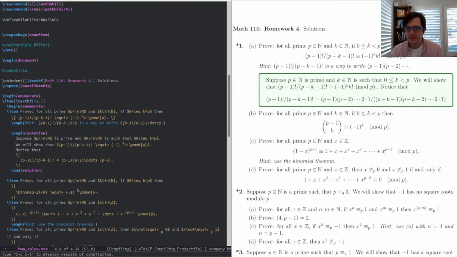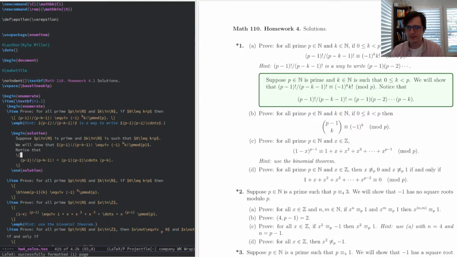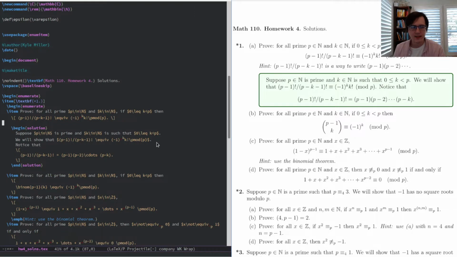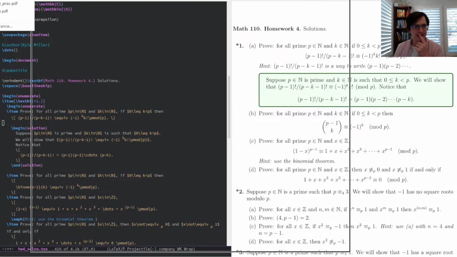So now, let's use congruence. Let's remove that hint. Oh, right. I'm gonna need to be careful here because this version that I'm editing right now, writing the solutions to, I had to edit them later.